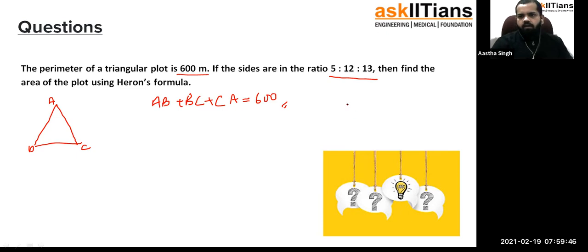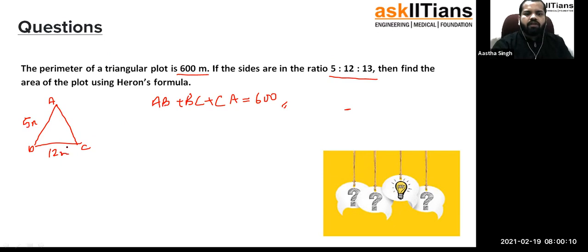We are not given what AB, BC and CA will be, but we are given the ratio of the sides. It is 5:12:13. It means if I take the value of AB as 5x, then BC will be 12x.